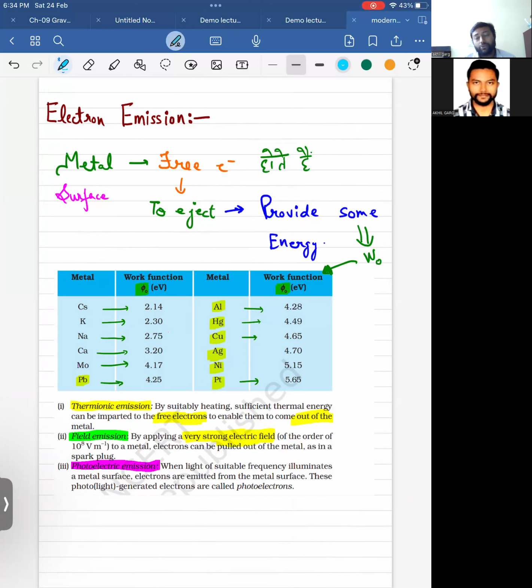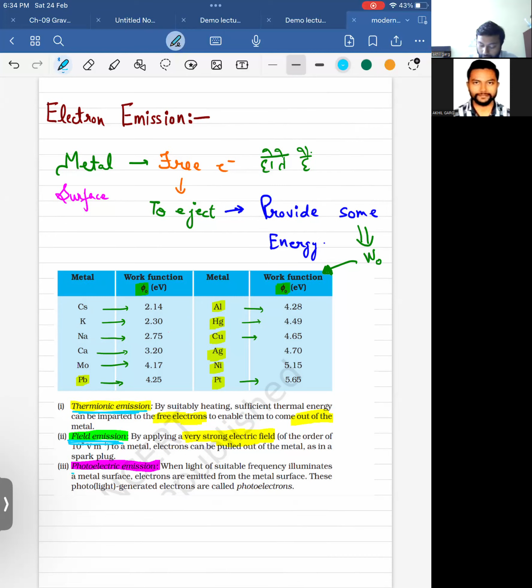The source of energy may be heat energy. If the electron is ejected by thermal energy, the emission is said to be thermionic emission. When the emission takes place due to an electric field, it is said to be field emission. Third is photoelectric emission, which we have to study in our topic.